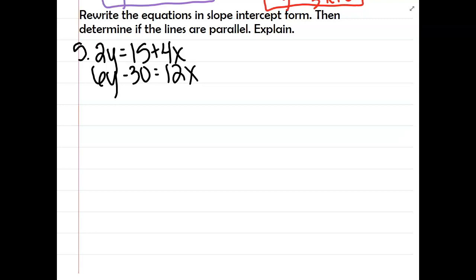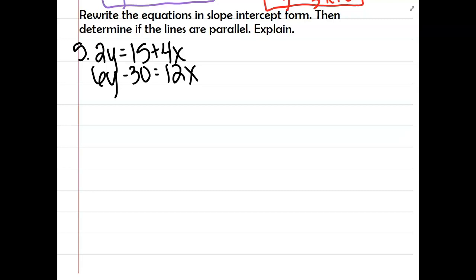So if we wanted to decide if these two lines are parallel, what do I need to know about these two lines? Yeah? I need to know their slopes.